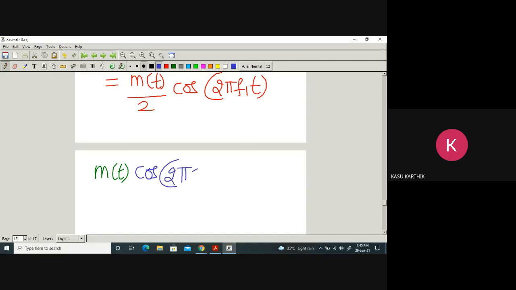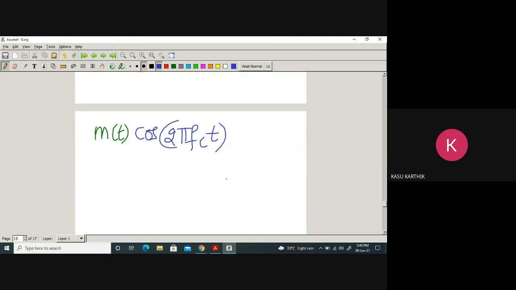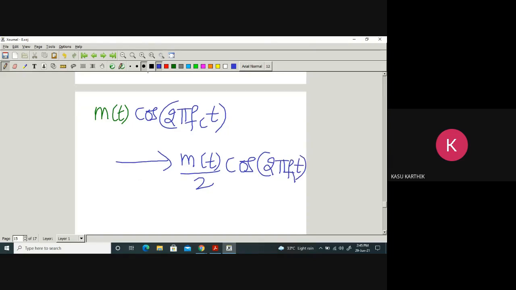So M of t into cos 2 pi fct is the input to the mixer. The output of the mixer is M of t by 2 cos 2 pi f1t. Here both are passband signals only, no change in that.